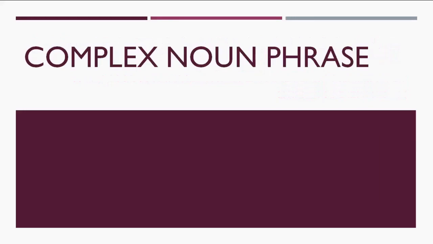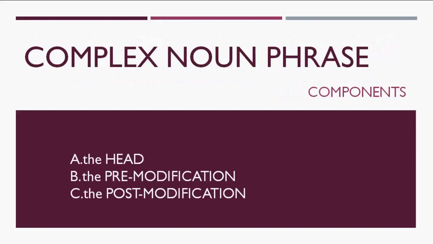In describing complex noun phrases, we can distinguish some components. In this case, we are going to analyze three key components. Those are the head, around which the other components cluster, the premodification, which comprises all the items placed before the head.